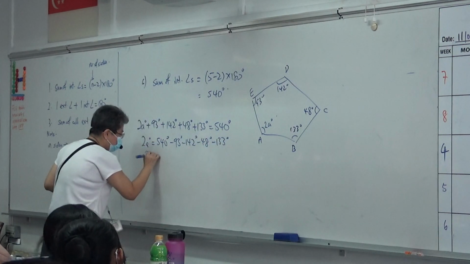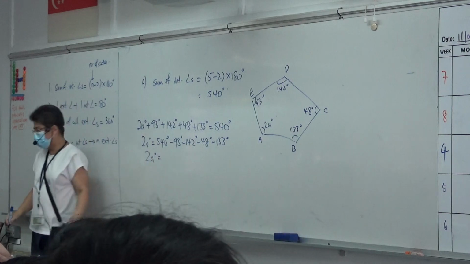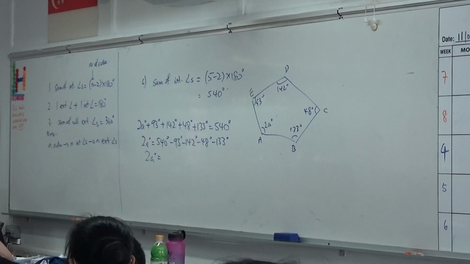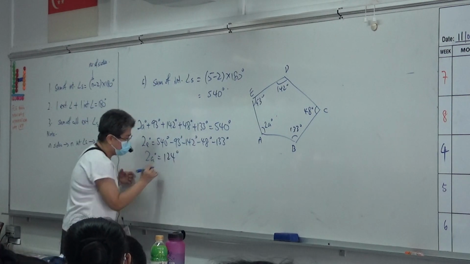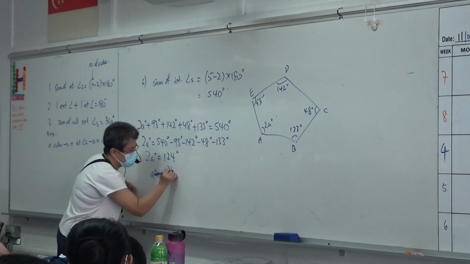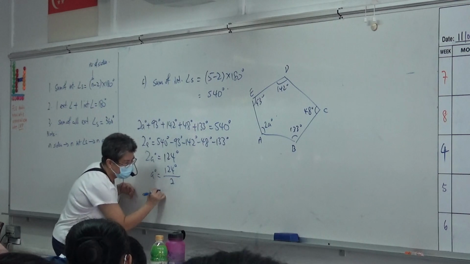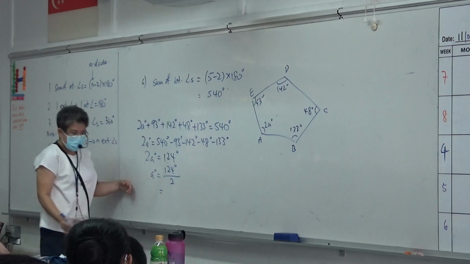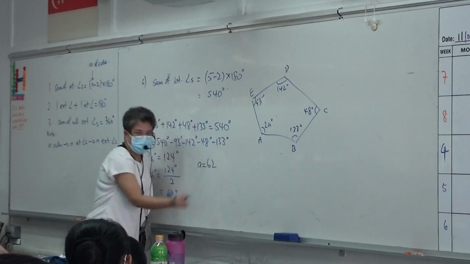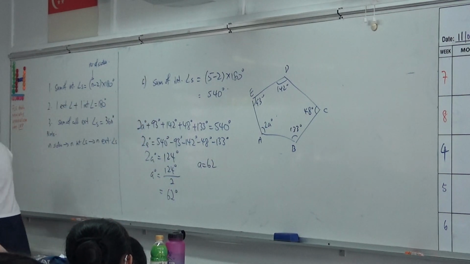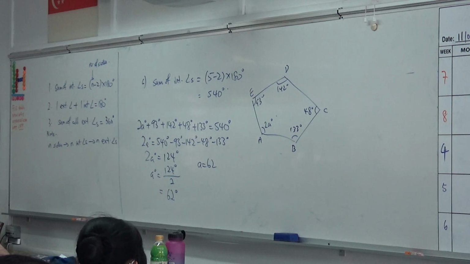All of you use your calculator and tell me what this is. 124 degrees. Okay, 124 degrees. So 8 degrees is 124 degrees divided by 2. So how much is it? Very good, 62 degrees. But we want the value of A, right? So A will just be equal to 62.